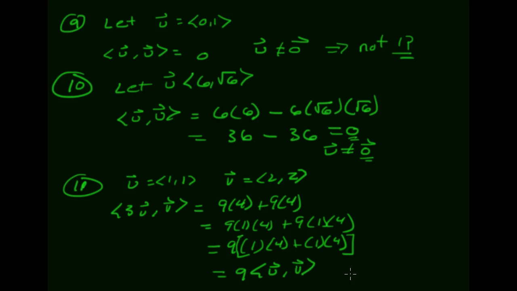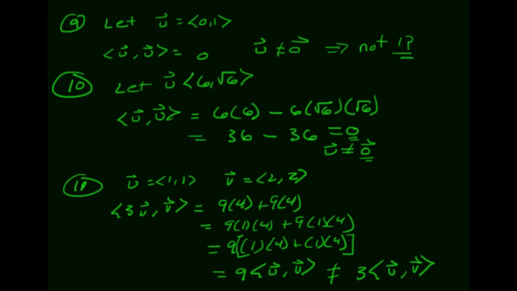That is not equal to 3 times the product of u and v, which should be true if I have an inner product. So that violates this homogeneity property here.